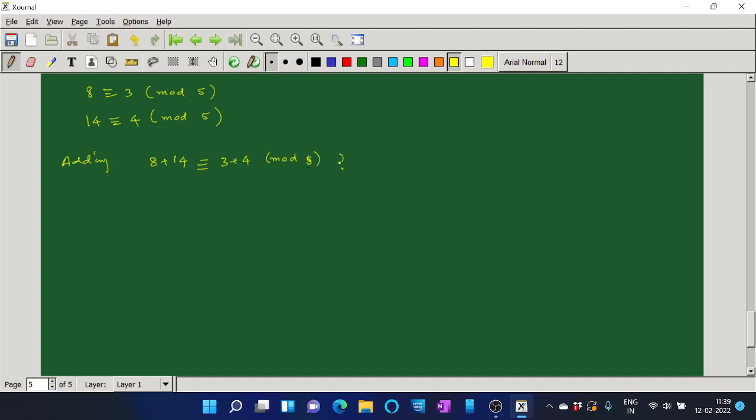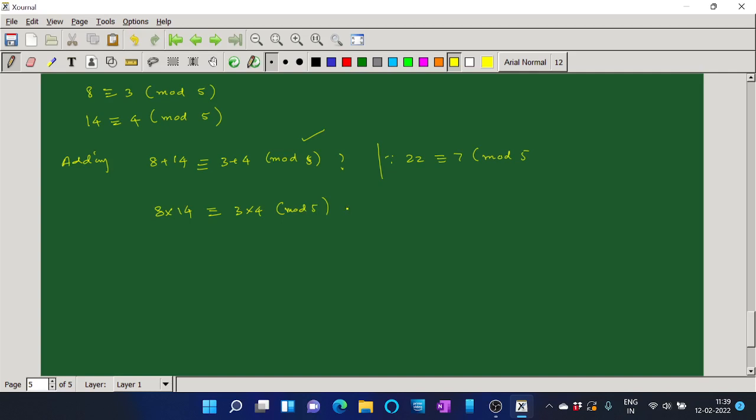So, let us check whether it is right or not. 8 plus 14 is 22, which is clearly congruent to 7 mod 5. So, since 22 is congruent to 7 mod 5, 8 plus 14 is congruent to 3 plus 4 mod 5. Hence it is verified. Similarly, if you multiply, we are expecting 8 into 14 should be congruent to 3 into 4 mod 5.